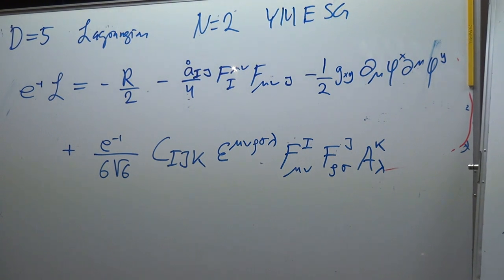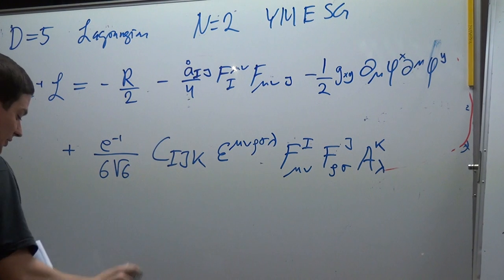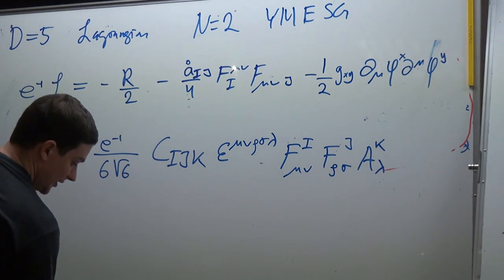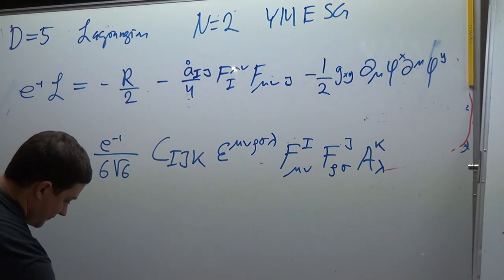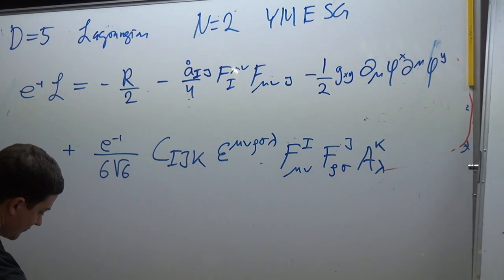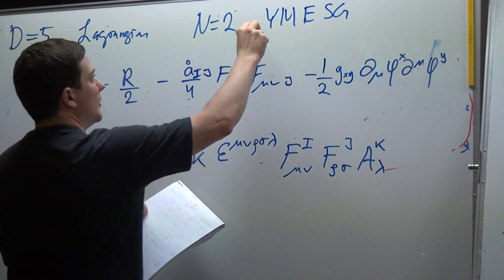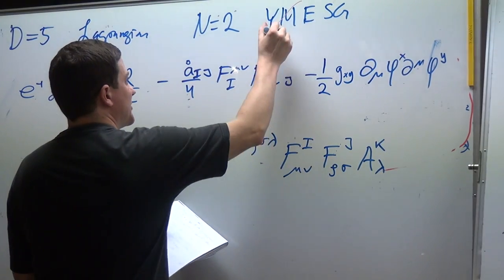So that's the whole Lagrangian, the bosonic part of the Lagrangian, sorry, for the non-abelian. This is Maxwell.